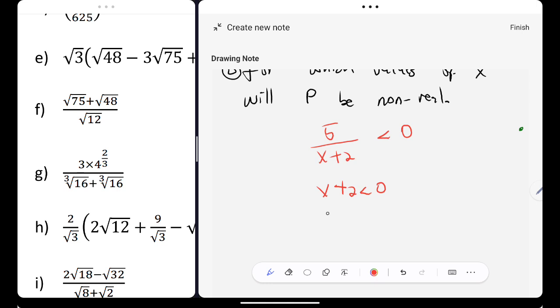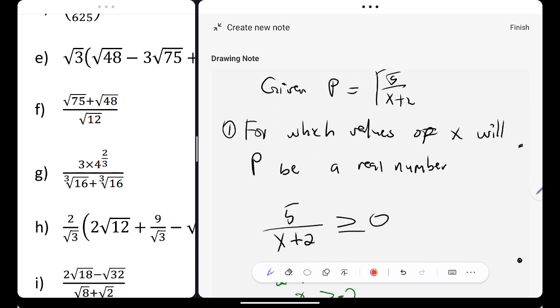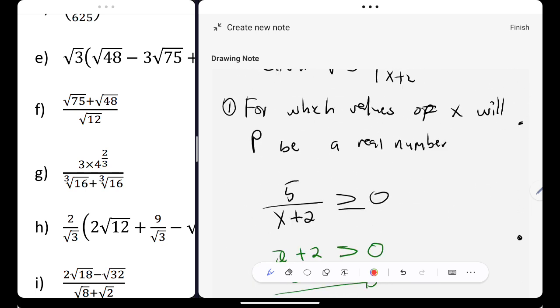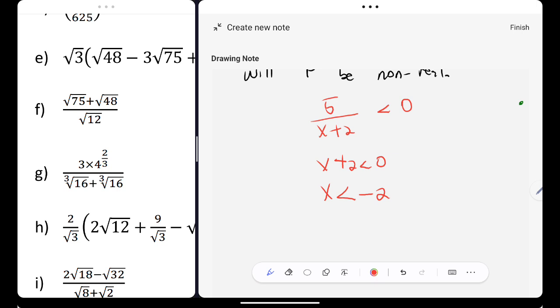So any number less than negative 2, my p will be non-real if x is anything less than negative 2.